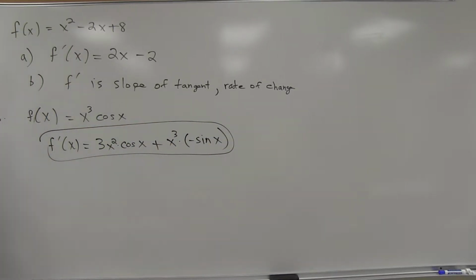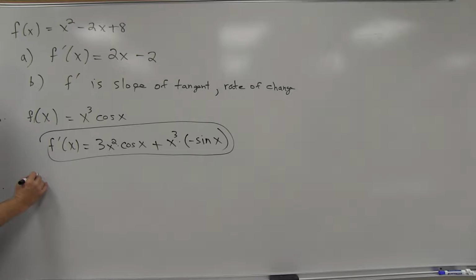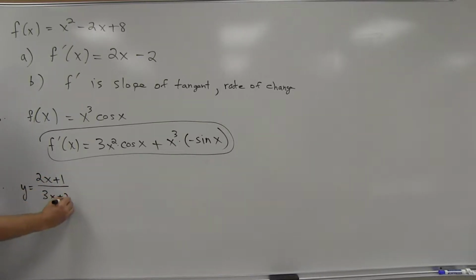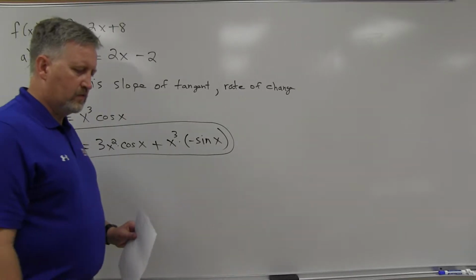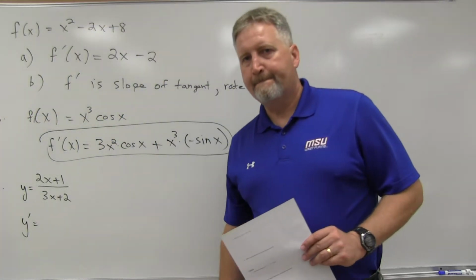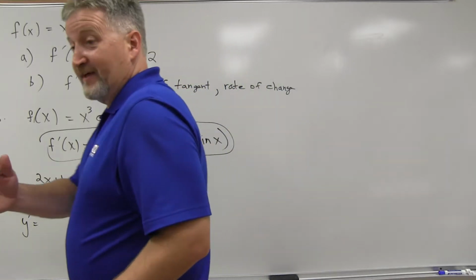And we could make that a minus x cubed sine of x, but for the most part, that's what we got. All right. And then number 3, of course, is our old friend quotient rule, right? 2x plus 1 over 3x plus 2. And so we're going to roll out the old quotient rule there. So how's the quotient rule go? Low d high, that's the way I remember it.